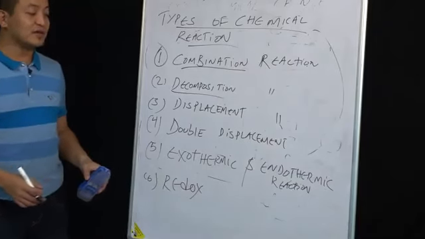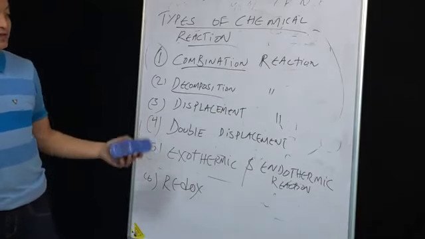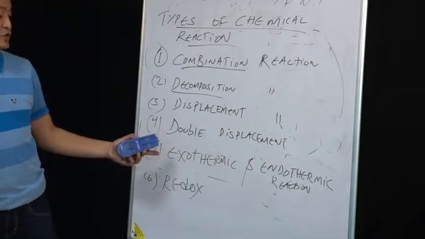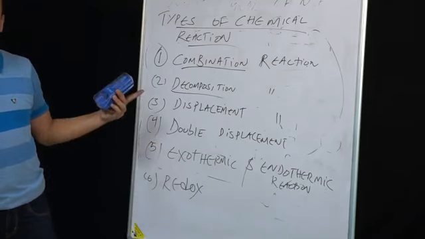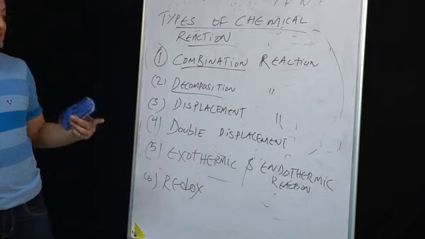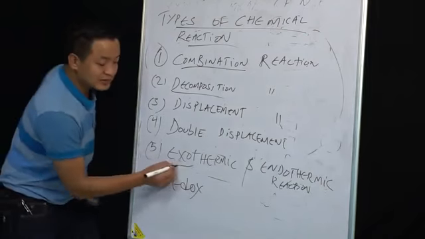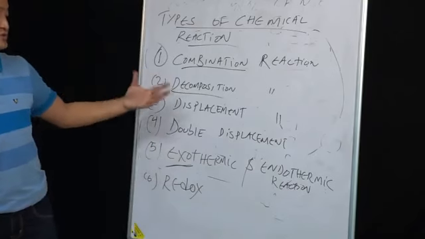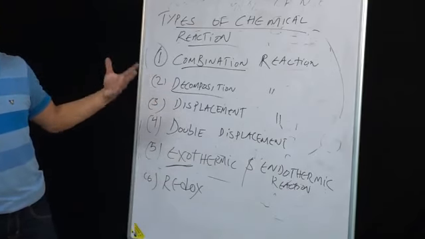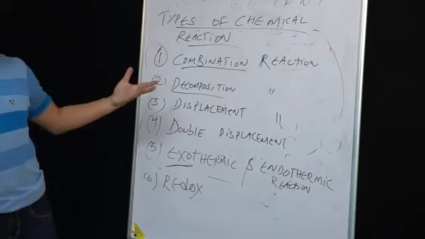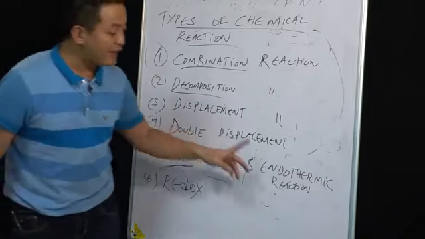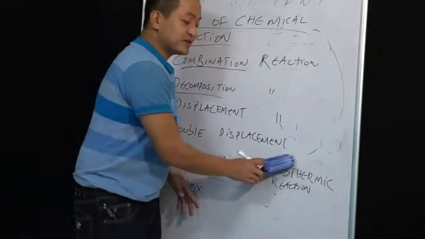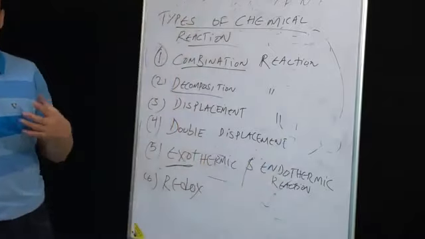Now exothermic and endothermic reaction. What do these reactions mean? Whenever exo comes to your mind, remember this is releasing. So exothermic reaction means those chemical reactions which involve the release of heat energy. And endo means absorbing.